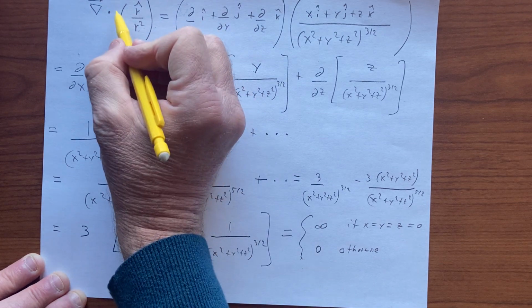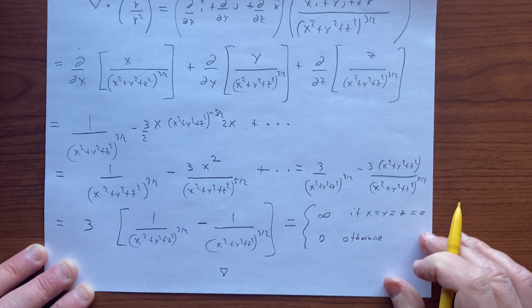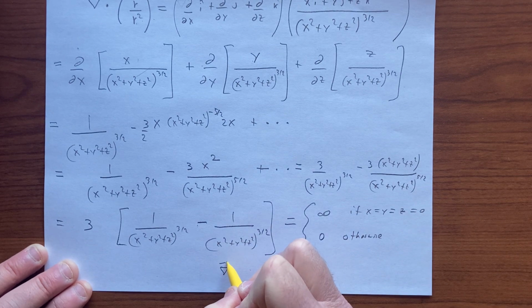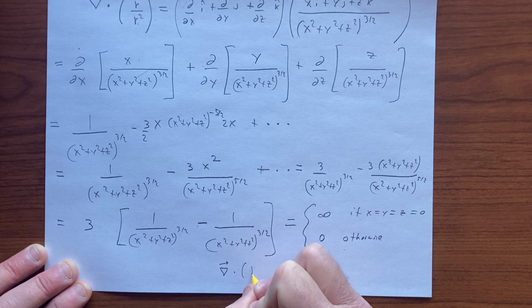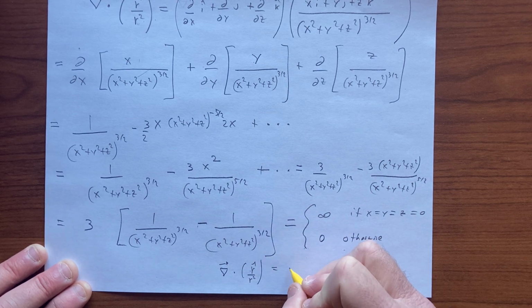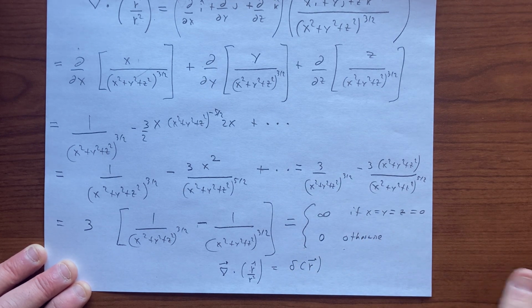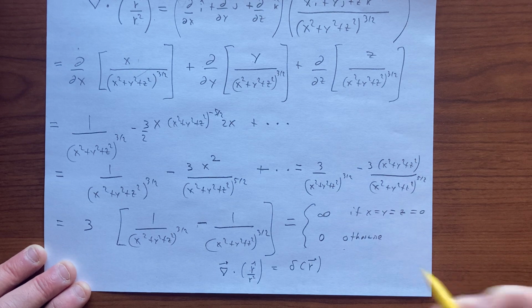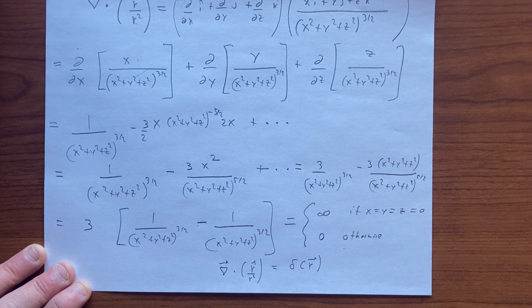So in fact, this object is the delta function. So we can say that the divergence of r hat over r squared is equal to delta of r. And so we'll be using this kind of thing later on to find the solutions of interacting fields in quantum field theory.